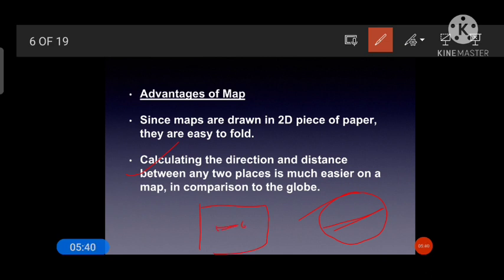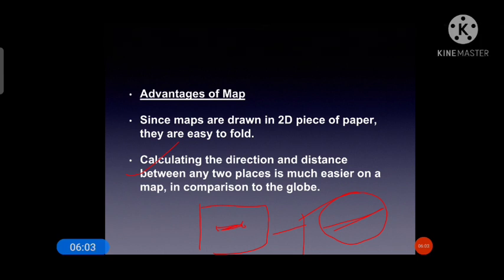With the help of your ruler or your scale, you can measure the distance and calculate the actual distance between the two places. It is much easier on a map comparatively to a globe. On a globe you can't measure the distance. So these are the advantages of a map.